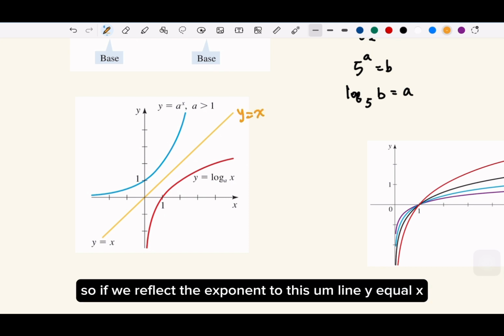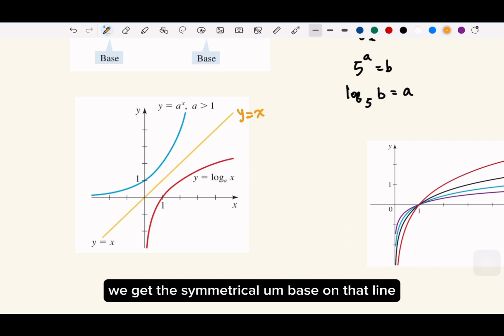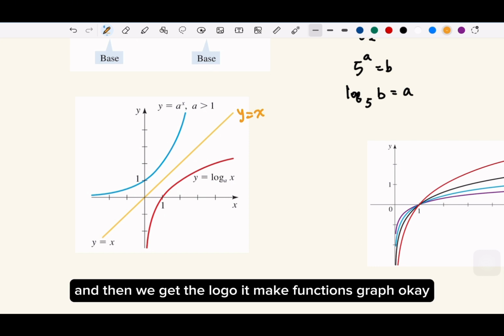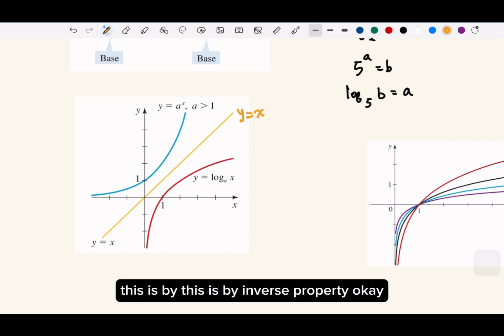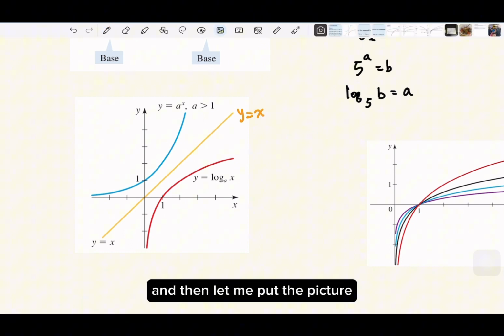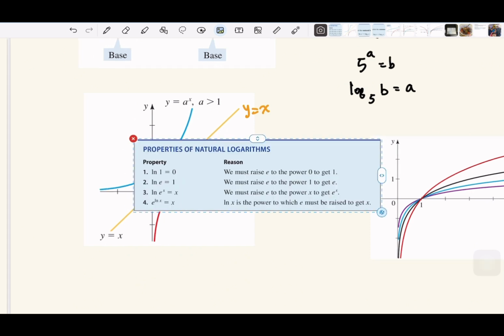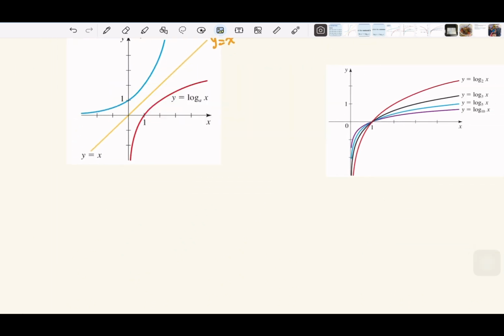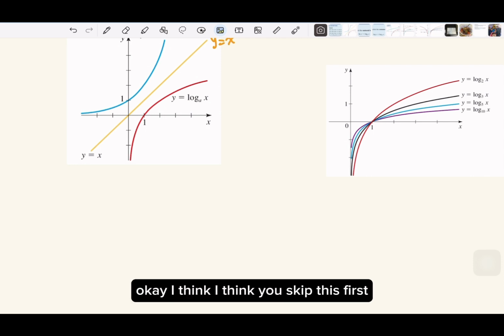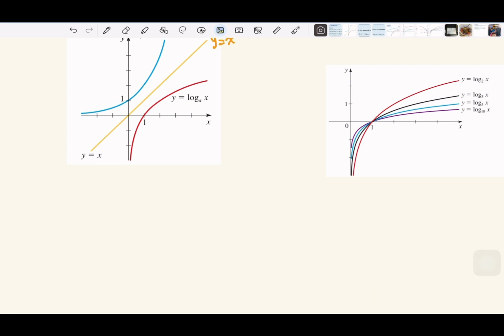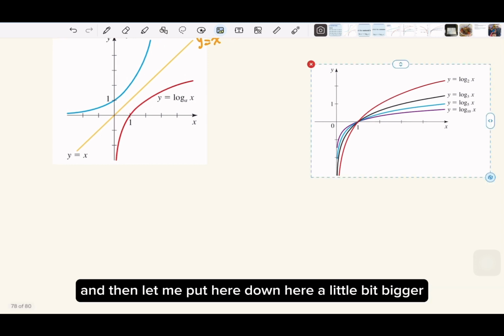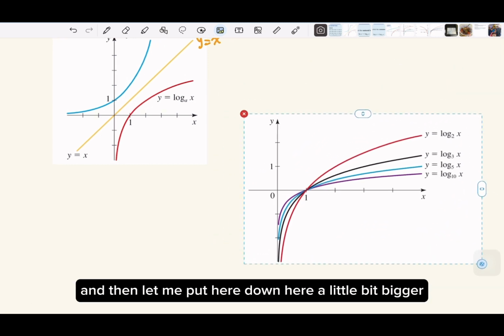So if we reflect the exponent across this line, y equal x, we get the symmetrical graph based on that line, and then we get the logarithmic function's graph. This is by the inverse property. And then let me put the picture, a little bit bigger down here.